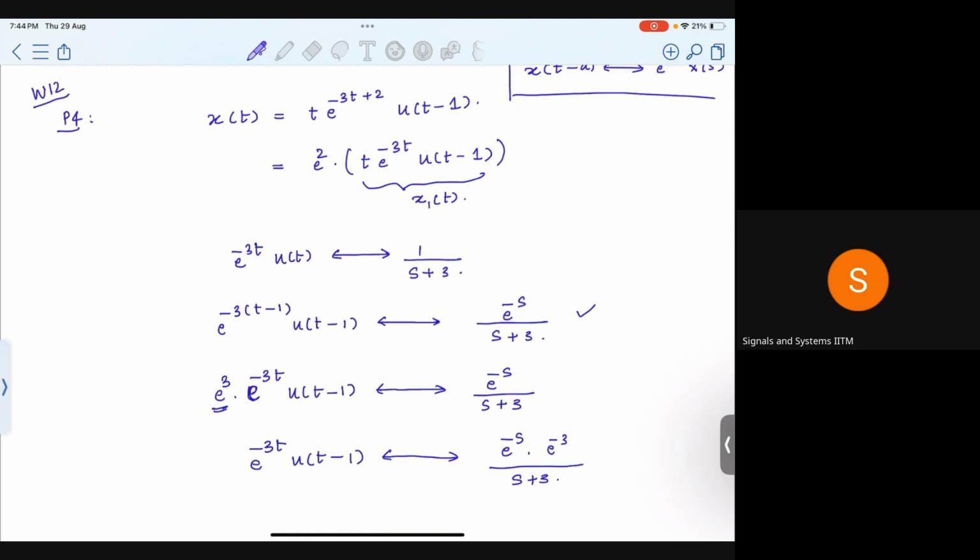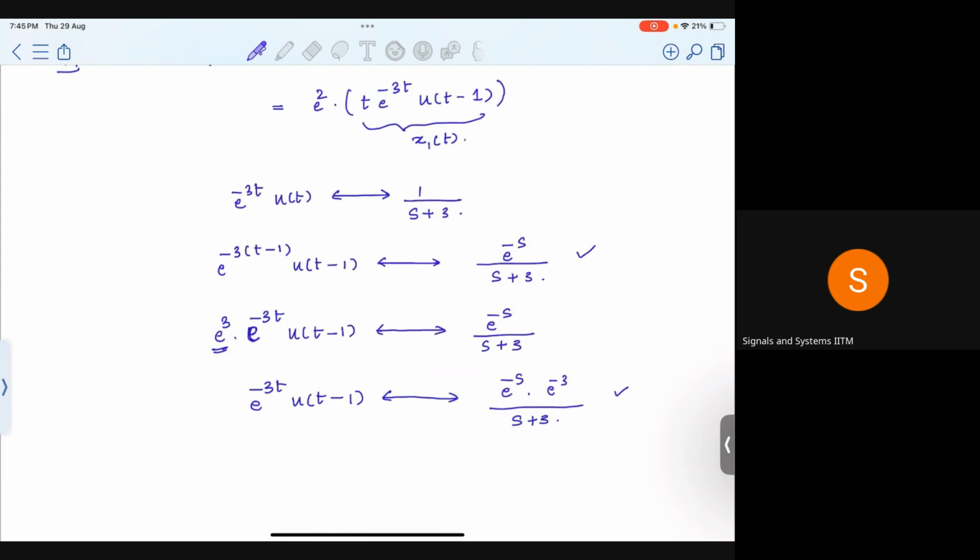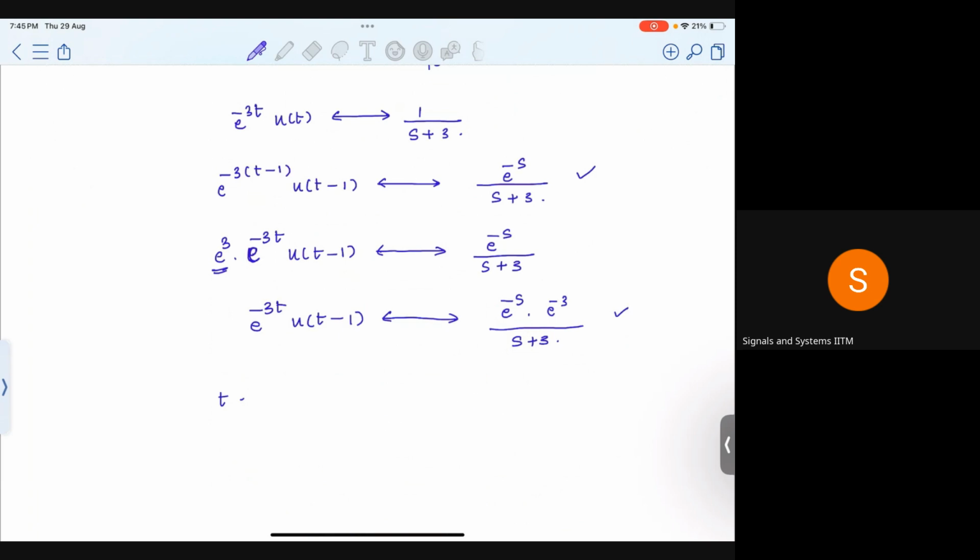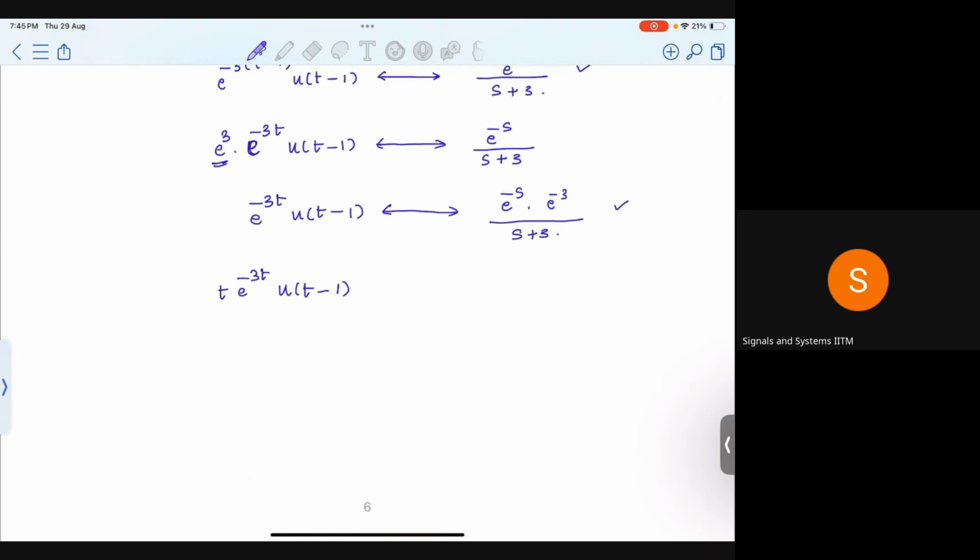Then we just adjust the variables, and this is what it is. But we want the transform for the following signal. We again know a certain property. If x of t has Laplace transform x of s, then t times x of t has the Laplace transform minus d by ds of x of s. Correct?